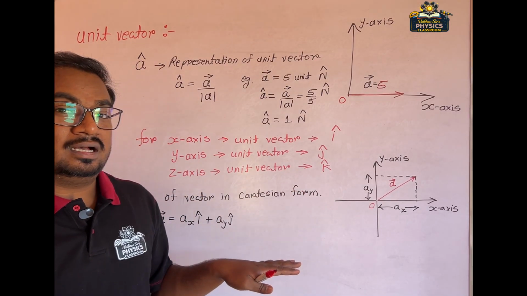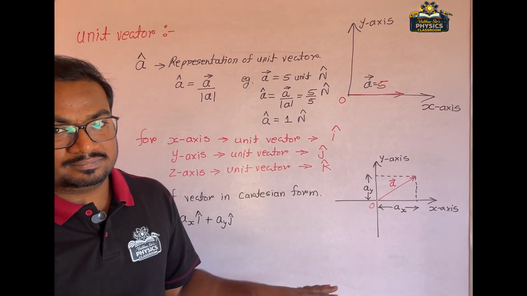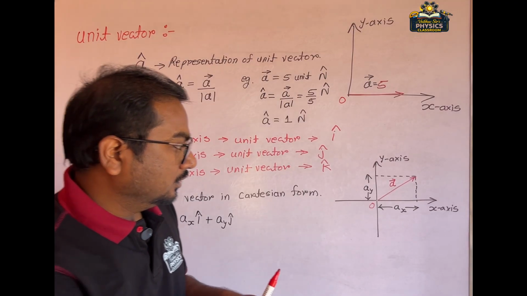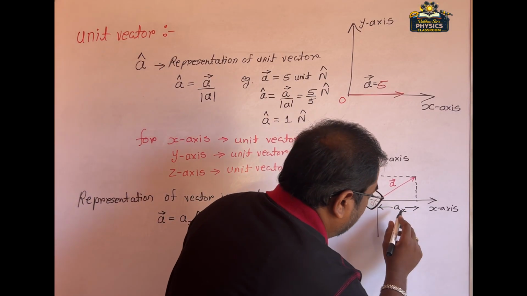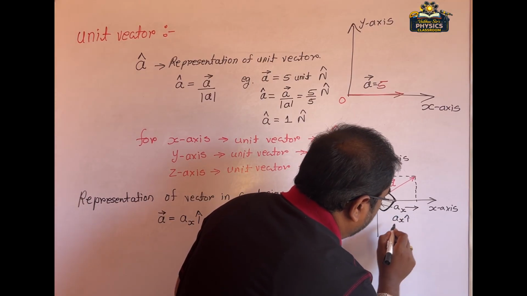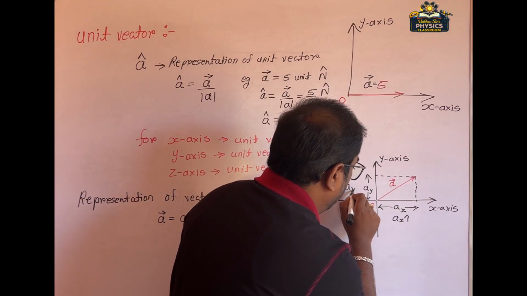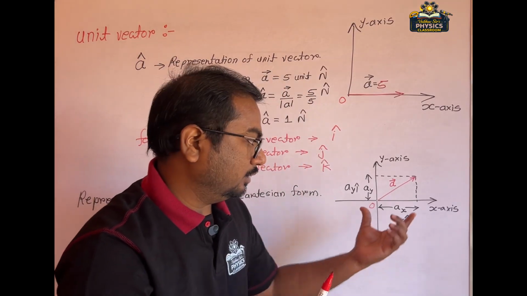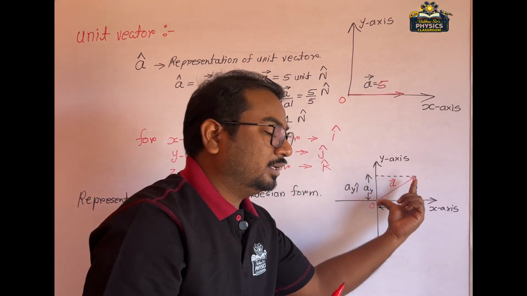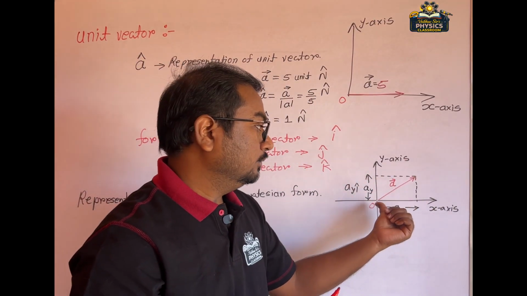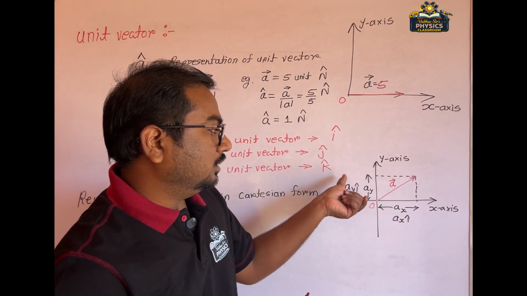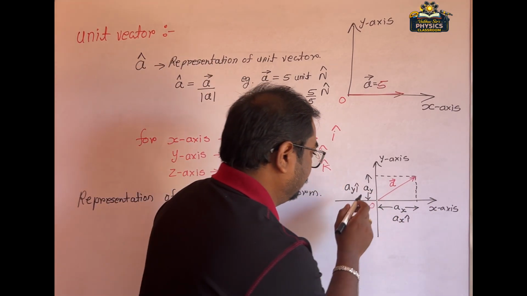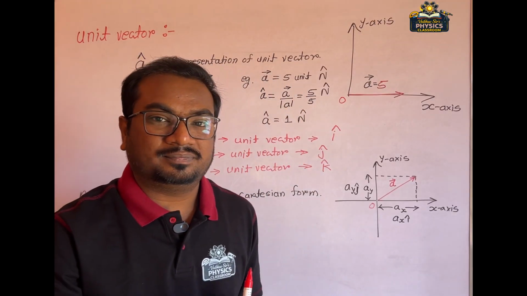In the last class, we discussed the triangle law of addition. This is Ax i cap, this is Ay j cap. This is one vector, this is another vector. So vector A will be the summation of Ax i cap plus Ay j cap.